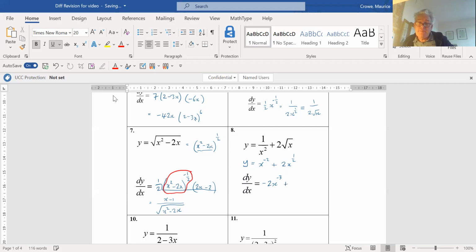And then you multiply 2 by the half, you get 1, and take away 1, minus a half again. So again, following my own advice that I gave earlier, I have to tidy this up. And that's 1/root x. Okay, just make that nicer there. There we have it: minus 2 over x cubed plus 1 over the square root of x.